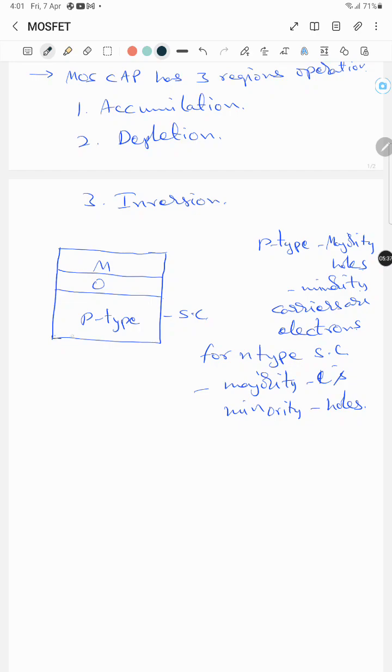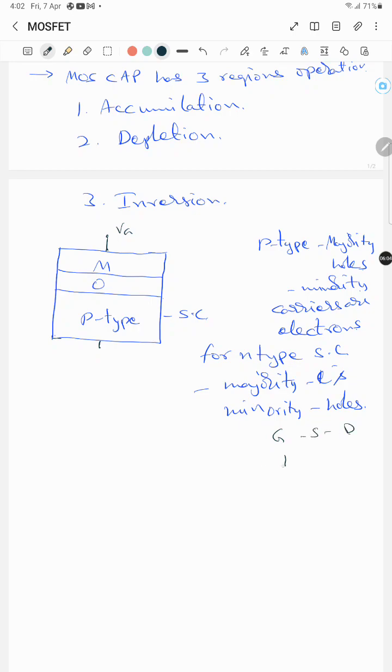Now if I apply a voltage, this is what we term as gate. Why gate? I will come to that. It's nothing but terminology of a MOSFET, where you have a gate, a source and a drain.